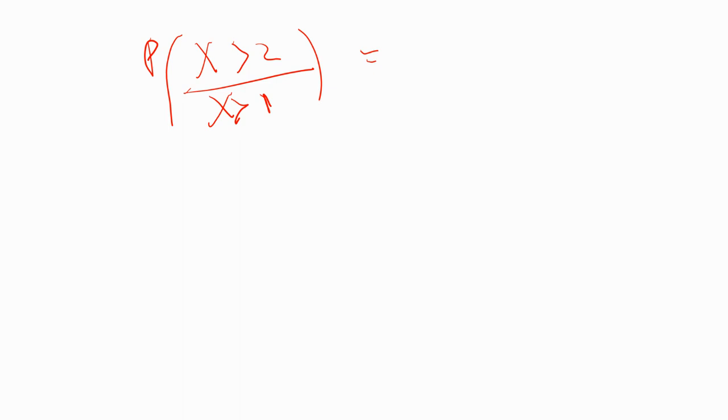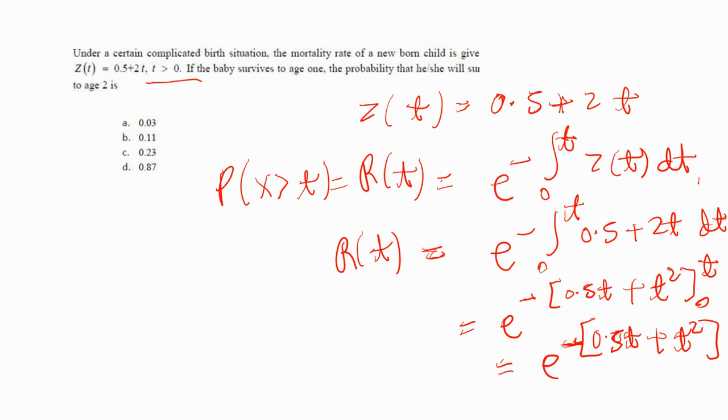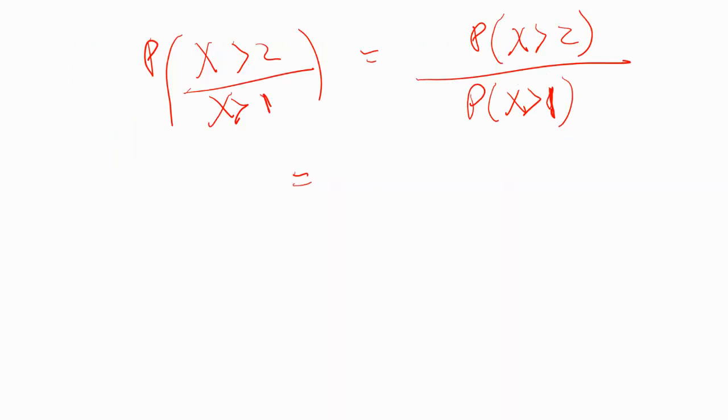So x greater than 2, because when it is greater than 2, it is greater than 1 already here. So there is nothing to take the intersection. Okay. So it will be R of 2 divided by R of 1.